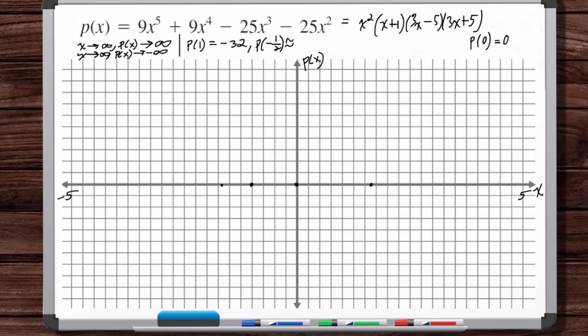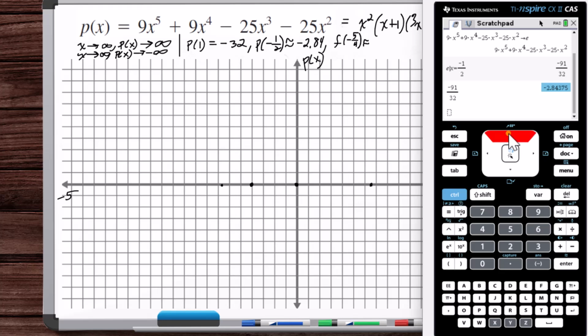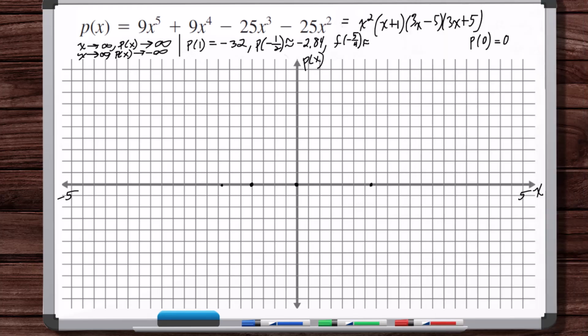So this is minus 2.84. Now let's do something between these two. We could do minus 1 1/4. So f of minus 5/4 is 4.27.